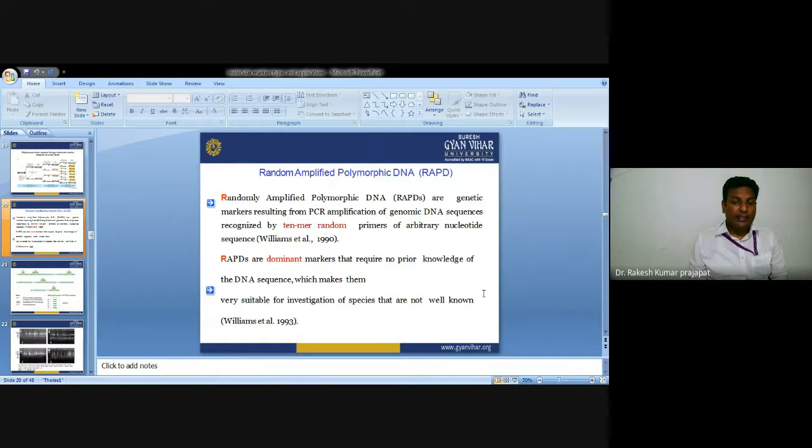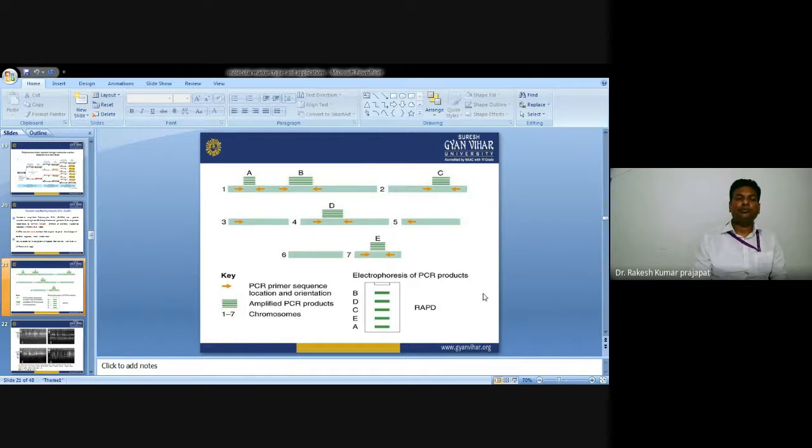So in this case, we are designing an arbitrary nucleotide primer. Arbitrary means without knowing the sequence, we just randomly design ATGC, GCTC for the 10 nucleotides. By chance, these nucleotides get complementary binding. You can see here in the picture, where it is binding, it will get amplified.